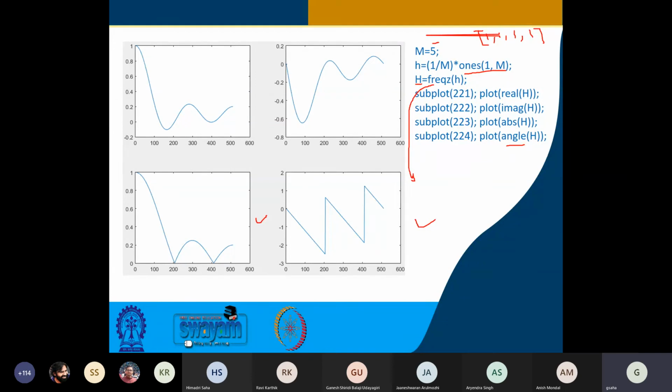If it matches, then you can play with other values of M. Here you're just trying to check whether it is proper or not by looking at theory or textbook. Is it 2 pi by 5? This is your zero excursion.